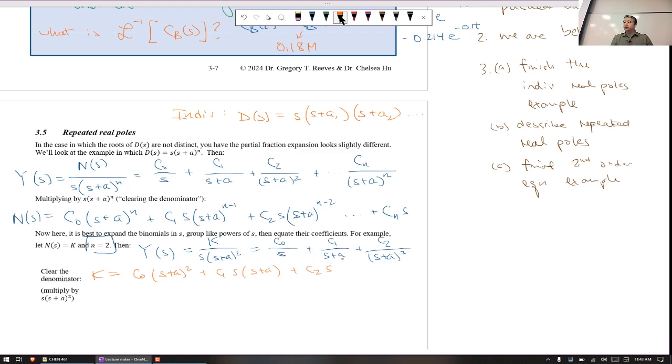Now if we expand out the s plus a quantity squared, this becomes C0 times s squared plus C0 times 2as plus C0 times a squared.